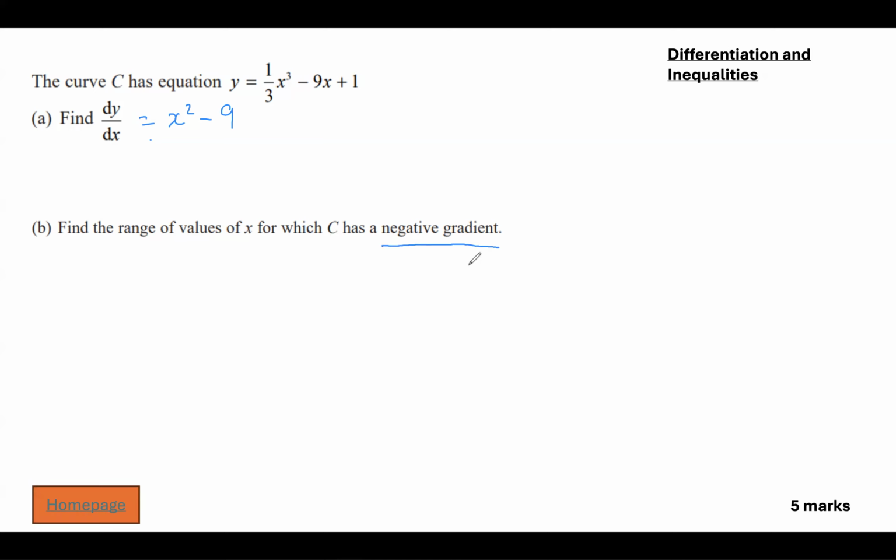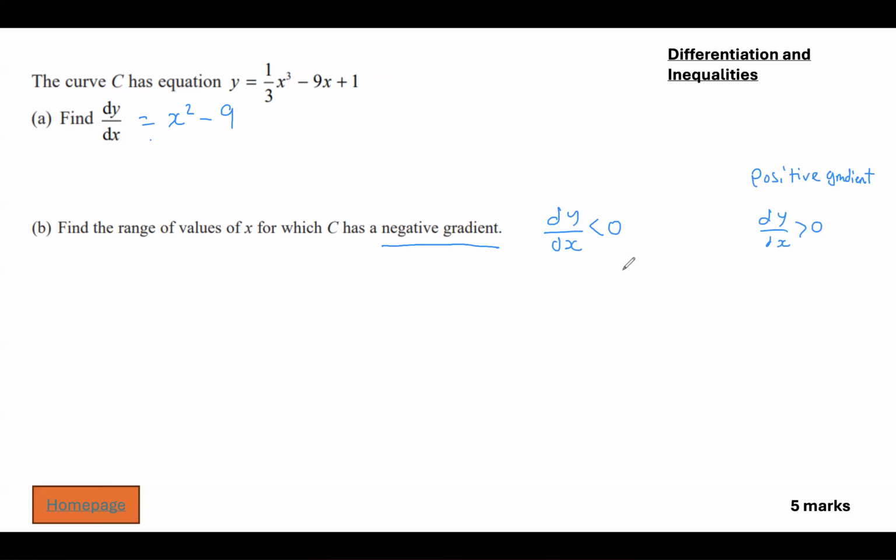If we're talking about a negative gradient, that means the gradient is less than 0. So in other words, dy by dx has to be less than 0. If the question was in relation to a positive gradient, then dy by dx would have to be greater than 0. So do bear that in mind.